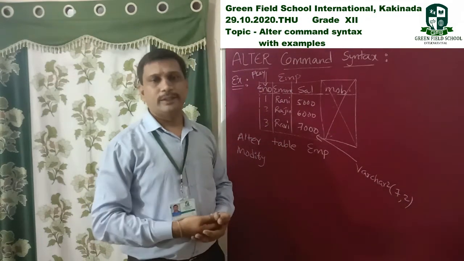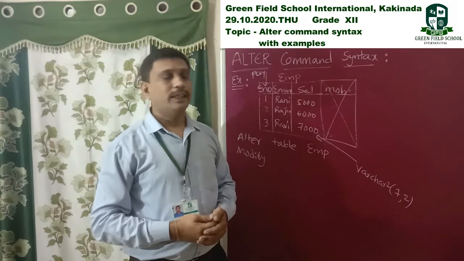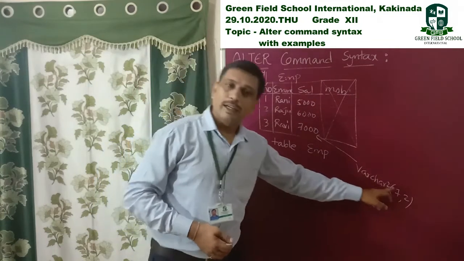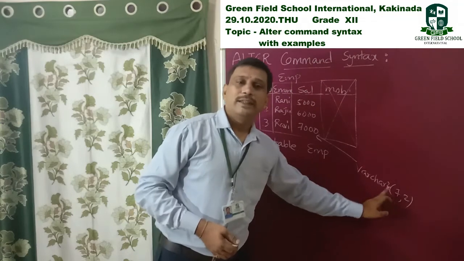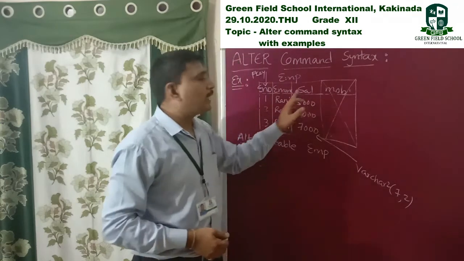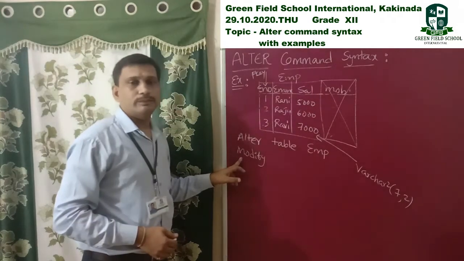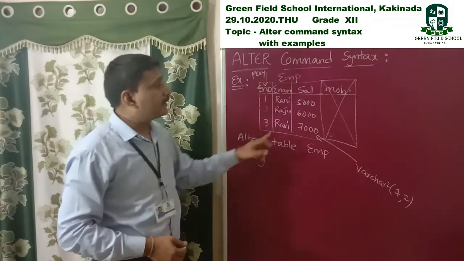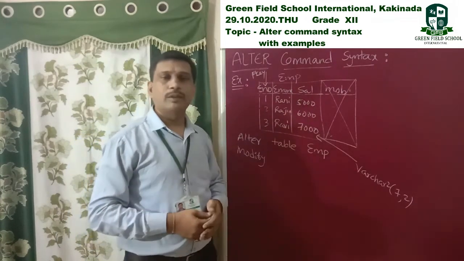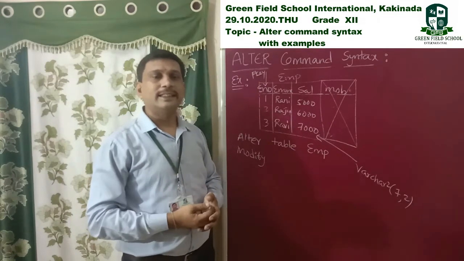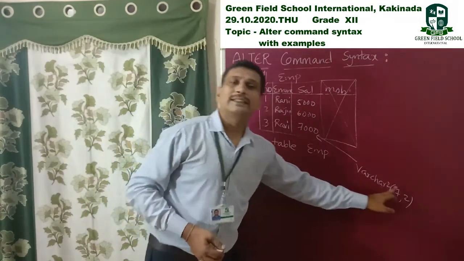Now we change that data type or the size of the data type for this particular column. Then we go for modify column. Why? Because it already has some data.